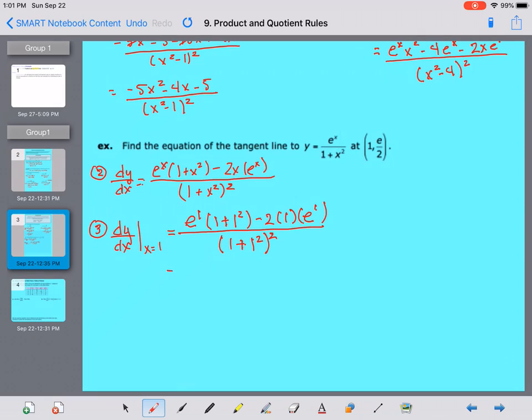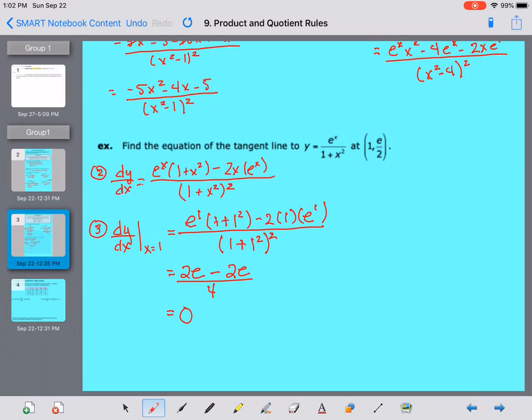And then we're just going to simplify this. So 1 plus 1 squared gives us 2, so we have 2e for that first term minus, and look at that, 2e as well. And then of course I always want to check to make sure it's not 0. So that would actually give us 2 in the parentheses, and then 2 squared will give us 4, which means our slope is in fact 0 here.